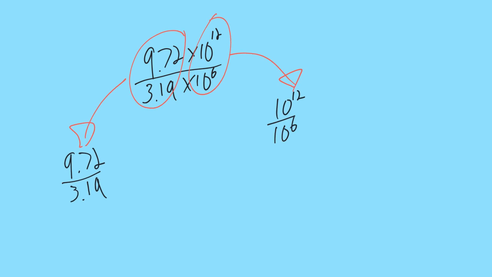So what do I do with 10 to the 12th and 10 to the 6th? Well, 10 over 10 is just going to be 1, so we don't have to worry about that much. But these two things are going to be slightly different. It is going to be the difference between them. So 12 minus 6 gives me 6. 9.72 divided by 3.19 gives me 3.04.